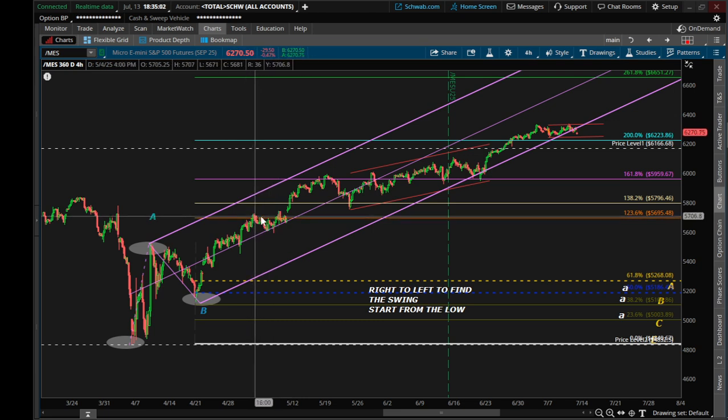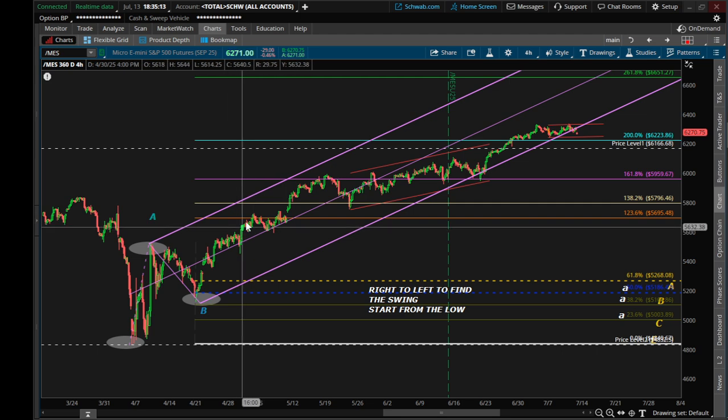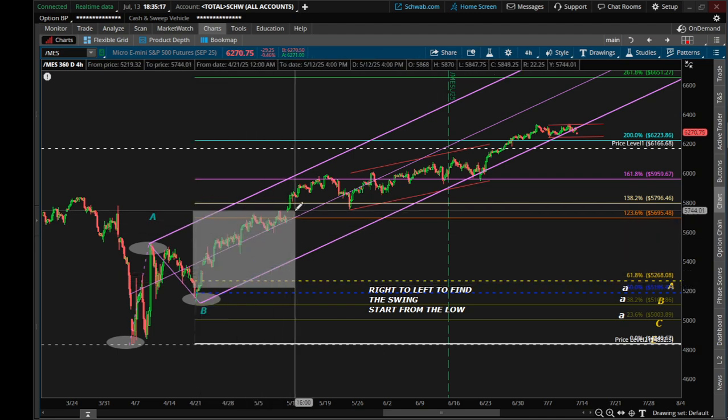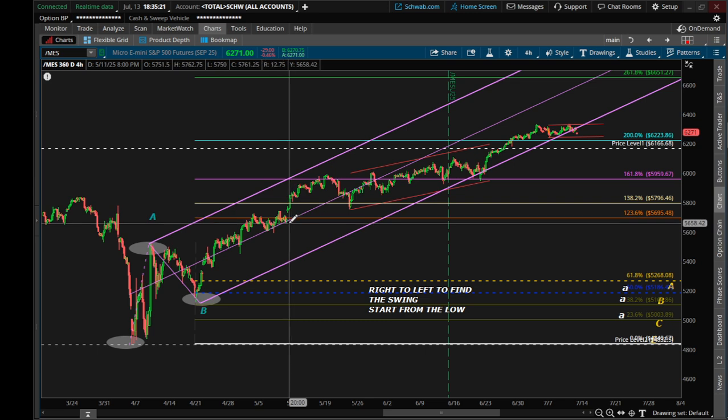The touches here on the 123.6 could indicate that I need to label that as a C, but the shallow correction tells me that this is part of an internal move, a smaller degree. So I need to keep looking.